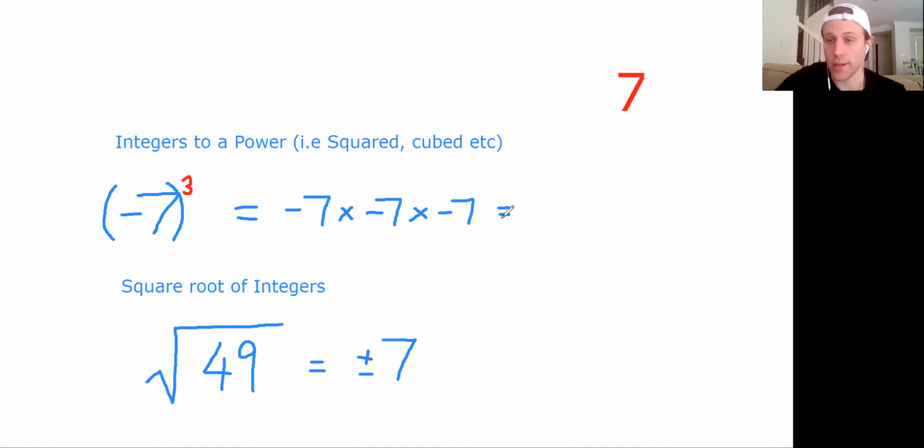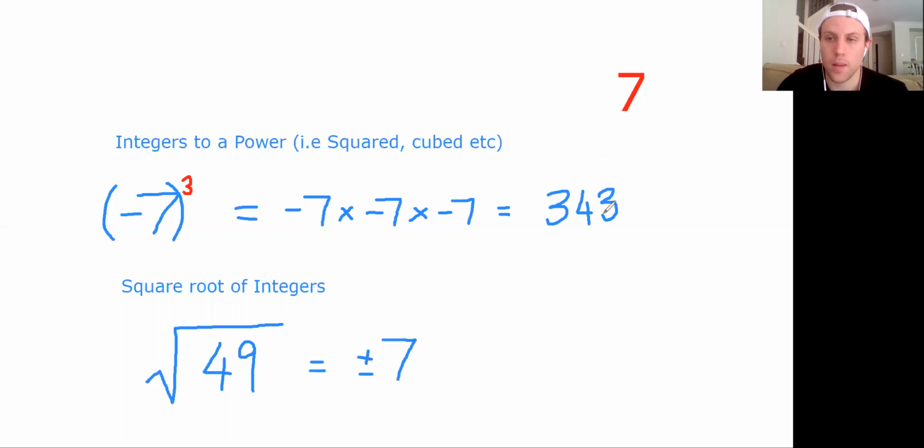Now, that might be something where you need to go away on a calculator. I know that 7 times itself 3 times, or 7 times 7 is 49, and 49 times 7 is 343. Because 50 times 7 would be 350, and we take away another 7, and that's 343.